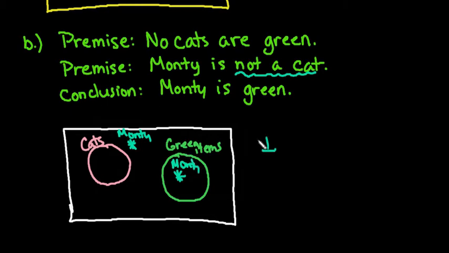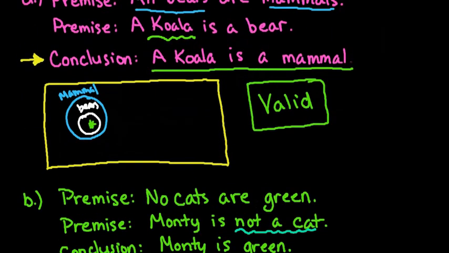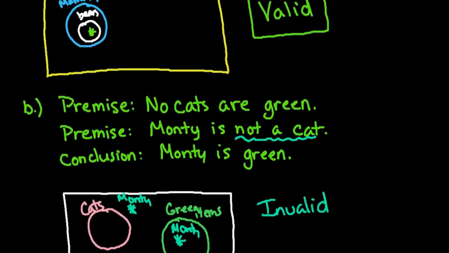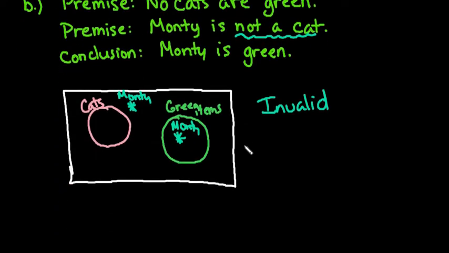So this is an invalid conclusion because we can find a situation where Monty is not a cat and is also not green. In order to reach a valid conclusion, it absolutely has to fall within the set, and there's no other alternative. It's invalid if you can find any situation where it is not true.